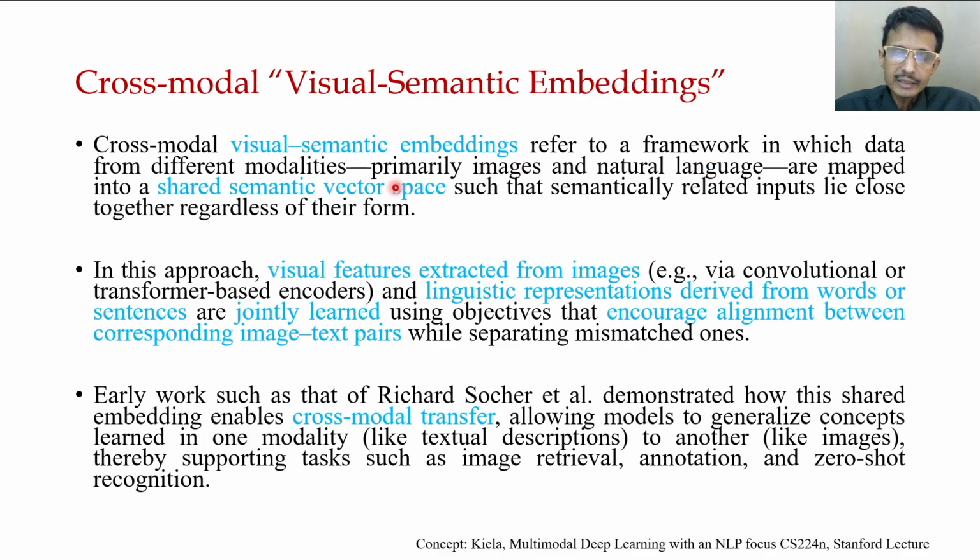What we are interested in here is not a single space; it is a kind of multimodal space. So it's a shared semantic vector space. Data from different modalities are mapped into this shared semantic vector space, such that semantically related inputs are close.